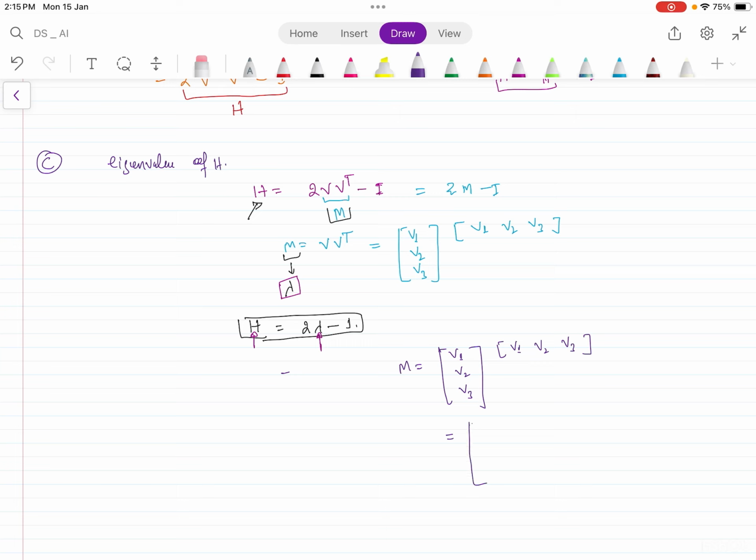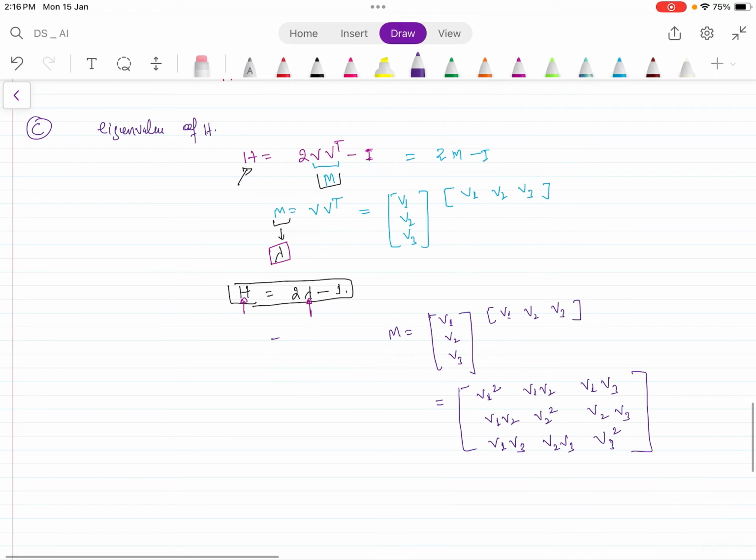Because if you do the multiplication, what you are going to get is v1 square, v1 v2 and v1 v3, and again v1 v2, v2 square and v2 v3, and v1 v3, v2 v3 and v3 square. This is what you will get. So the rank of this matrix is 1.